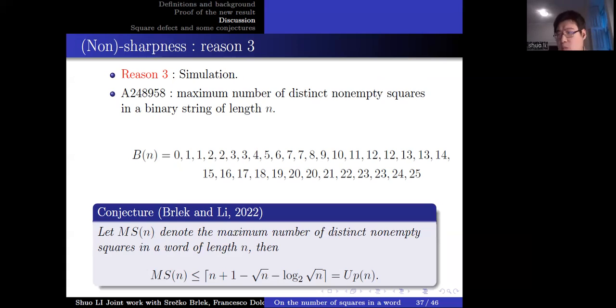I see. But asymptotically, it was Mana and Seki who showed that if you have a certain square density that you can achieve with a k-ary word, then you can also achieve the same square density by giving a constructive proof for a binary word. That means that their binary word will be much larger, but in the end, asymptotically, we get the same square density. So do you think the size of the suffix we add would be bounded?